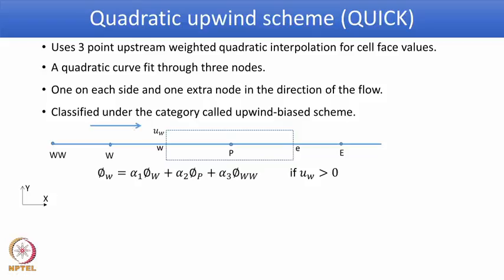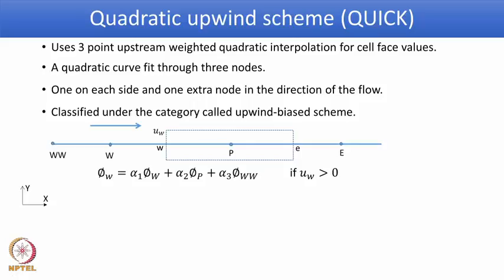Then the phi value at that face is related to alpha 1 phi at W, then alpha 2 phi at P, and one more node in the direction of the flow, that is WW, which is given here as alpha 3 phi WW. You can observe this is the face you are interested to find out. You have one node on either side and one extra node in the direction of the flow.